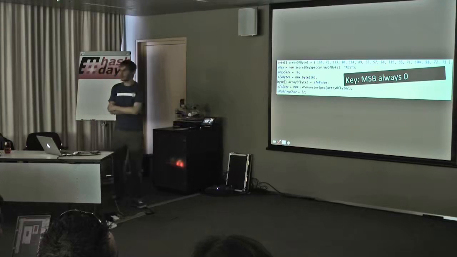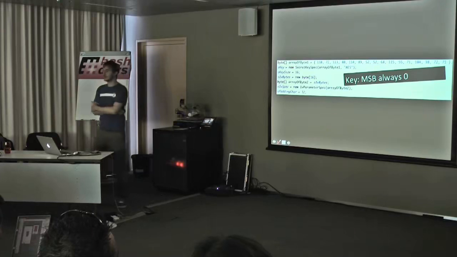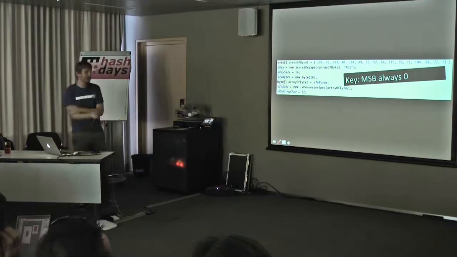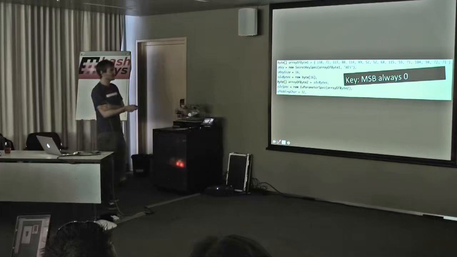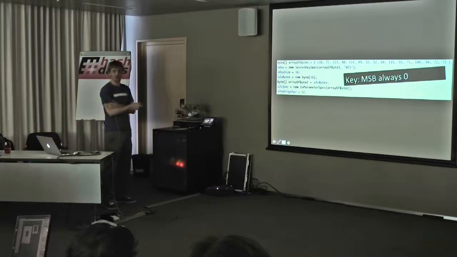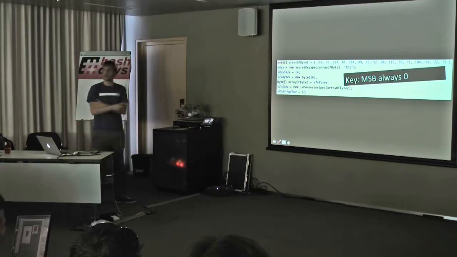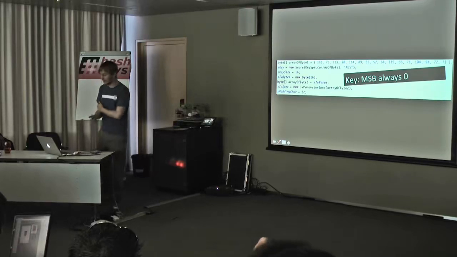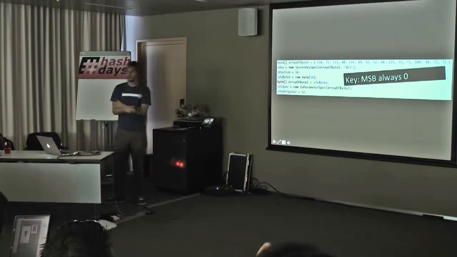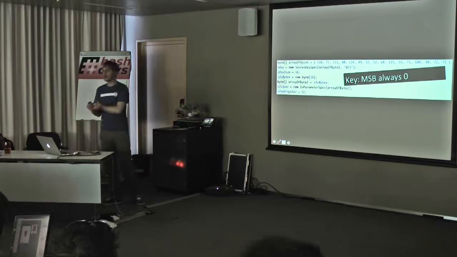I was wondering, what was he thinking? I guess the problem is that if you want to use integers like this to initialize a byte array, you have to use signed integers. You cannot use 0 to 255, you have to use minus 128 to 127.